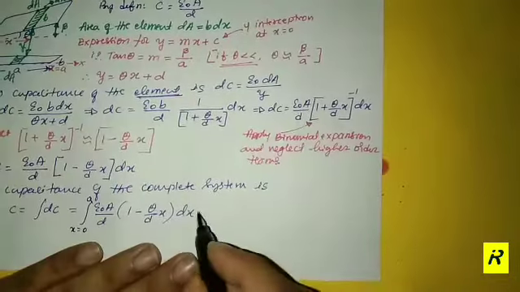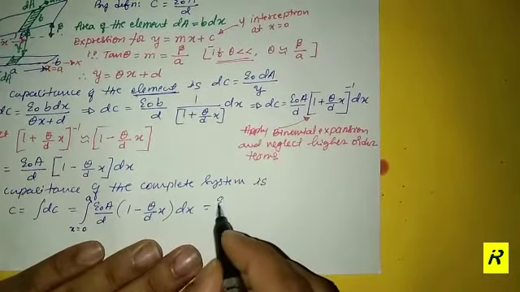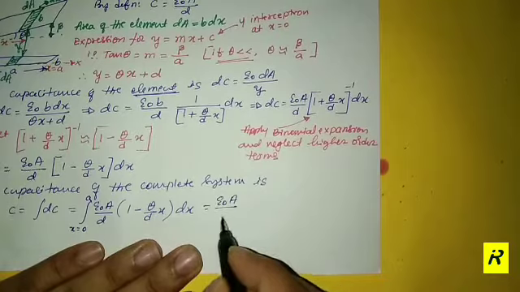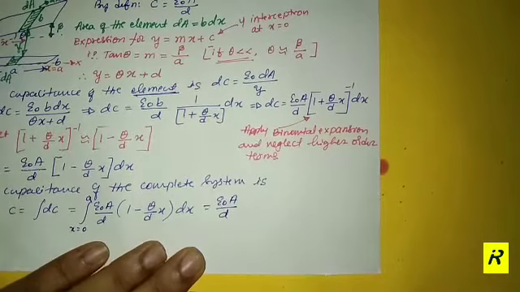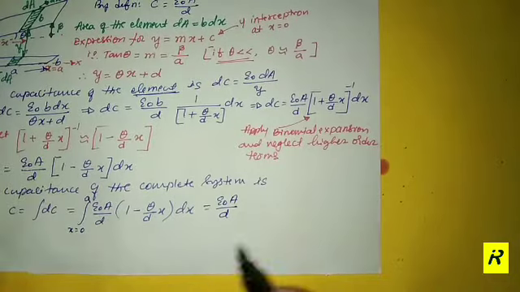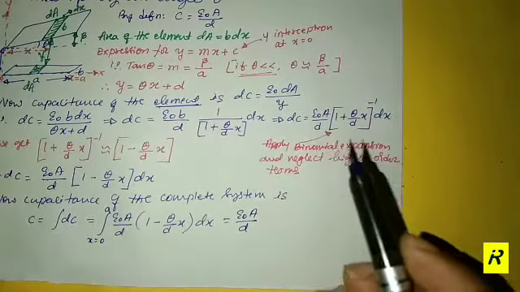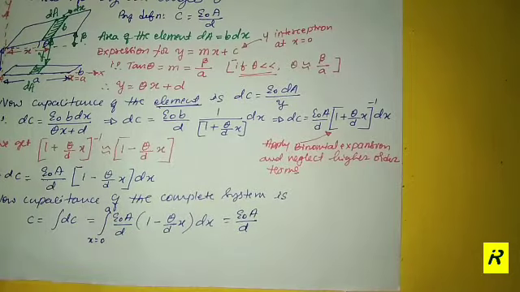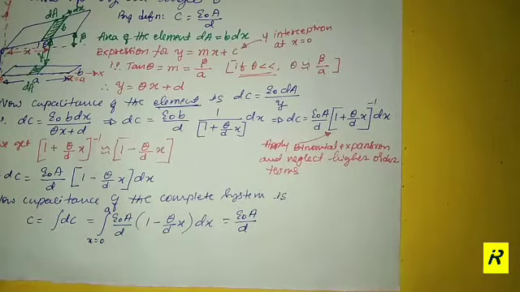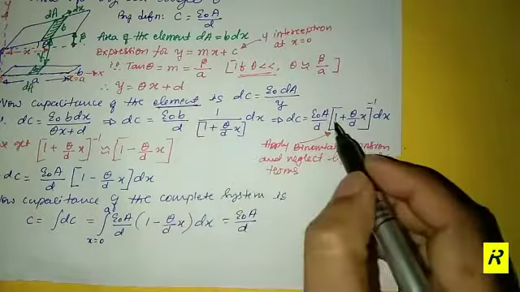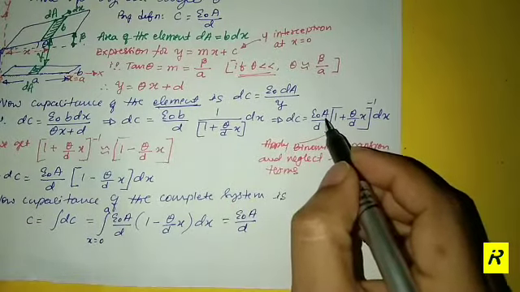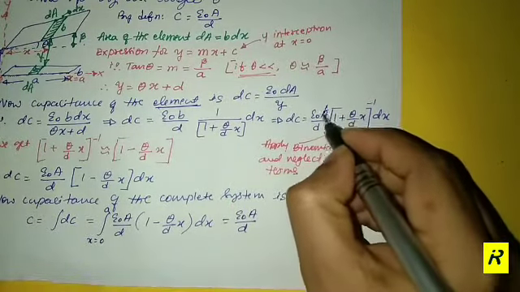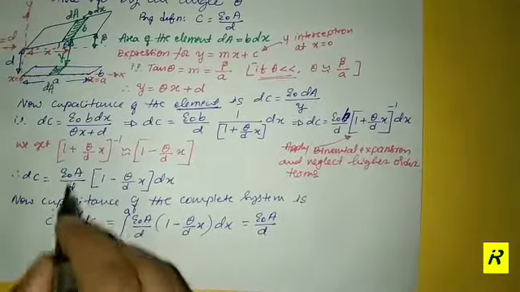When I do that, I can keep something outside, which is epsilon O into a. So what actually that a is? Somewhere here I made a mistake. It should be b.